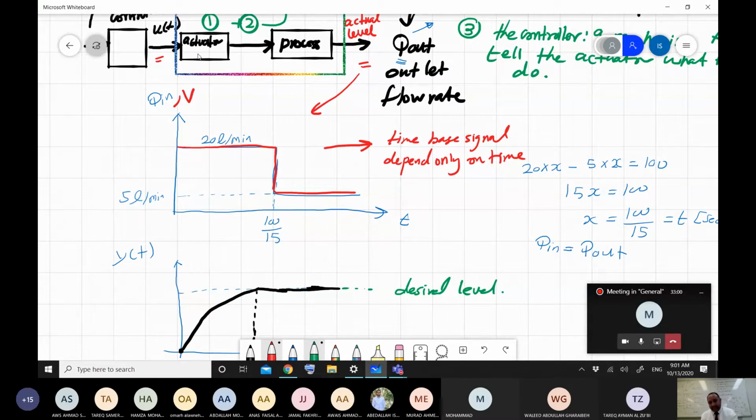Because the pump is my actuator, and the actuator needs a signal in order to know what to do. And this is the controller's objective, to tell the actuator what to do. So this control signal is only a function of time, and has no relation with the actual output, yes or no?